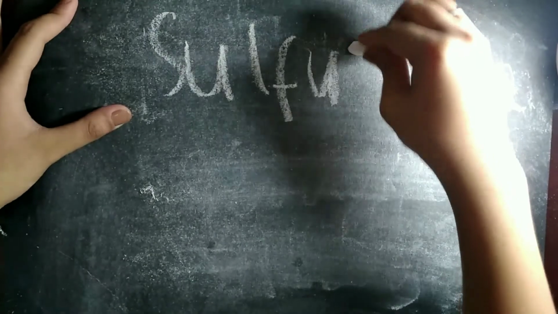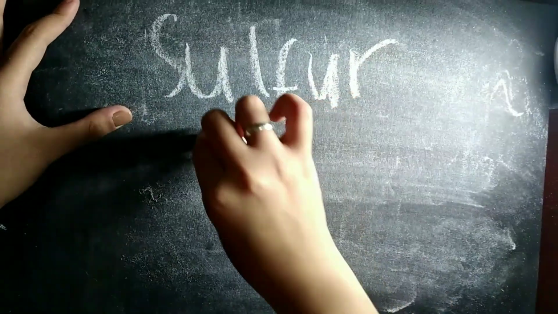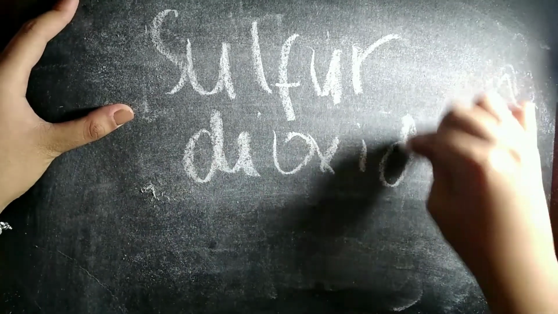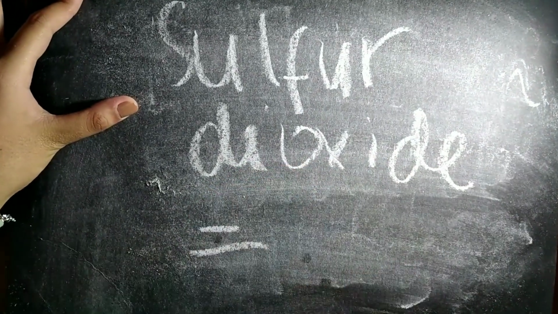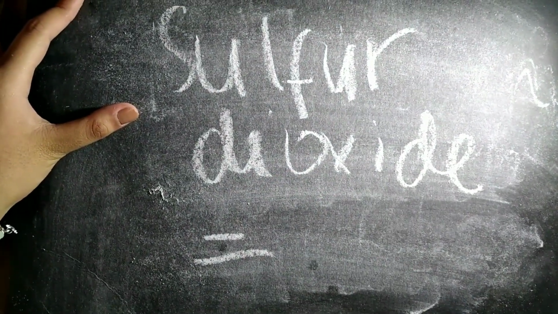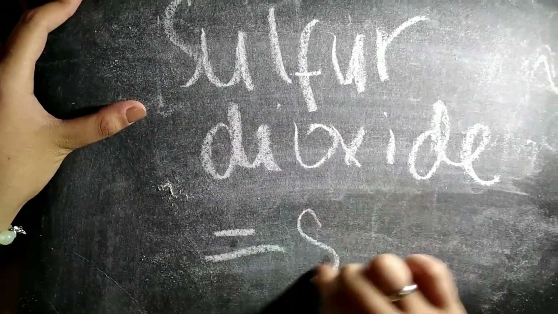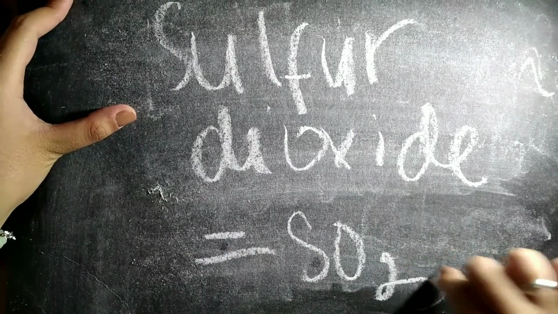The number 8 example is sulfur dioxide. And the equivalent of sulfur dioxide is SO2.